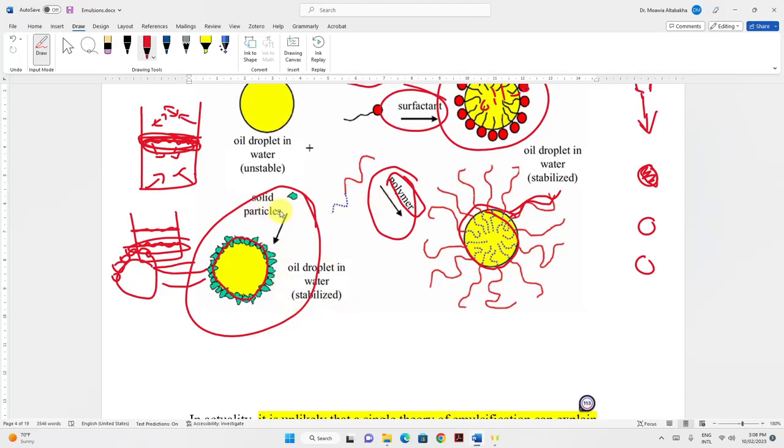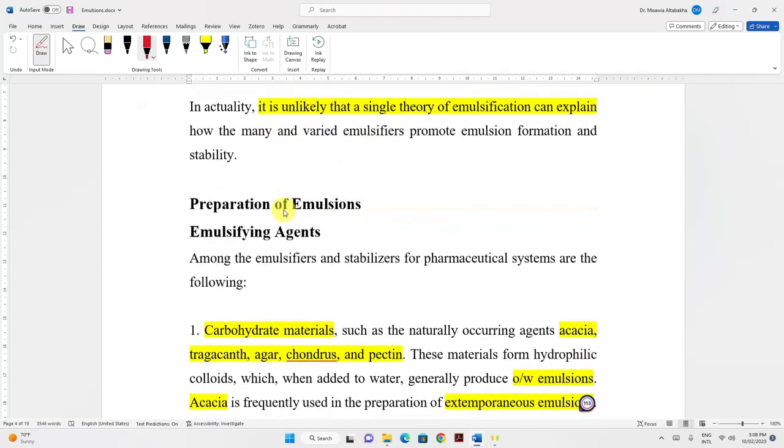For solid particles, it mainly depends on what I said, the proportion of oil and water in the emulsion. As I said, usually it's not a single theory that is able to explain everything.